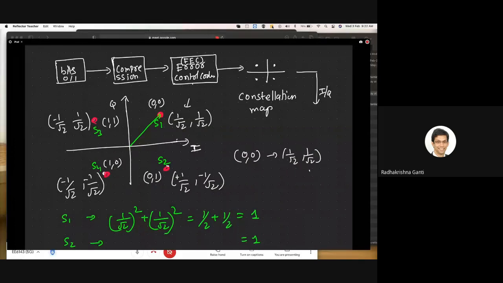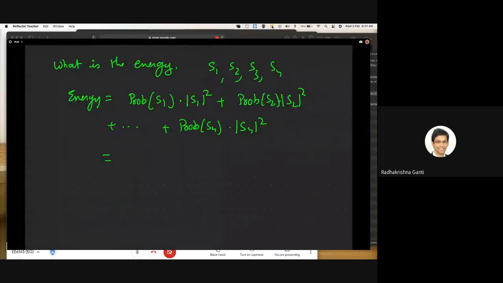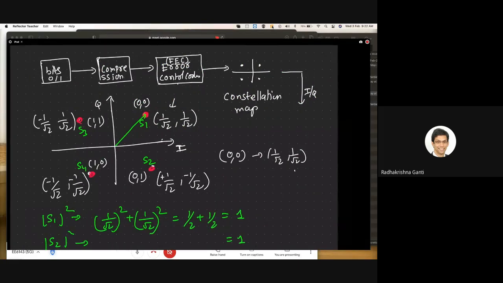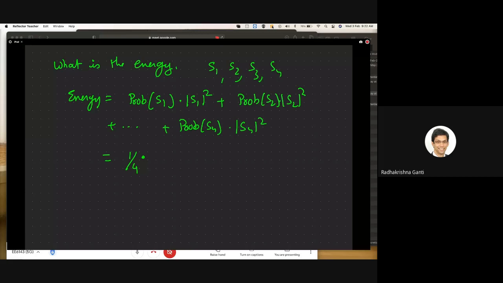It will be half into half, which is 1/4. So the probability of S1 is 1/4. The energy in S1 square, S2 square, that we just computed, is equal to 1. So 1/4 into 1 plus 1/4 into 1, plus 1/4 into 1 plus 1/4 into 1, which is equal to 1.